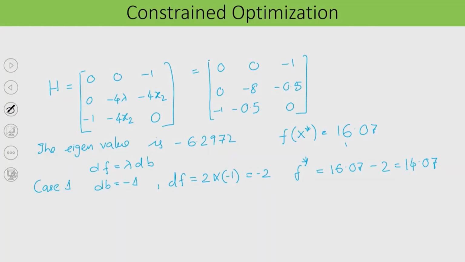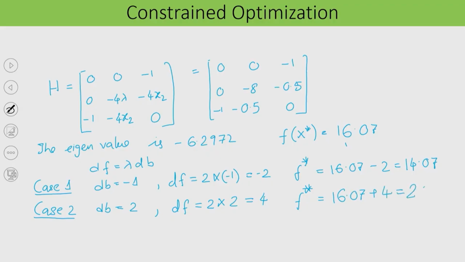There is another case, case 2, where dB is positive, suppose 2 units. Then df is equal to 2 into 2, which is 4, so the new f star will be 16.07 plus 4, that is 20.07.